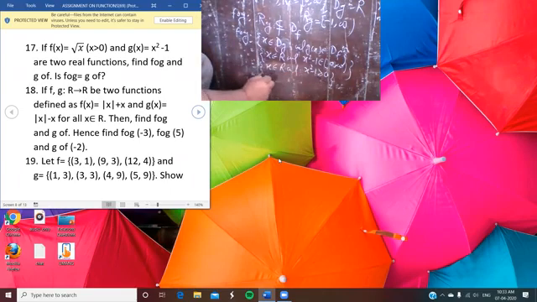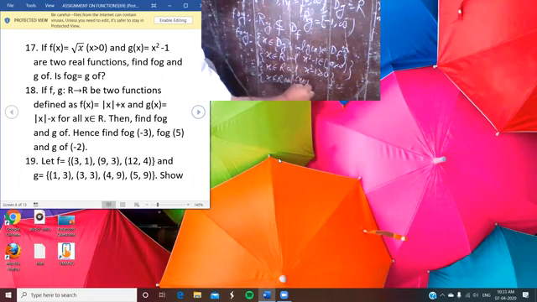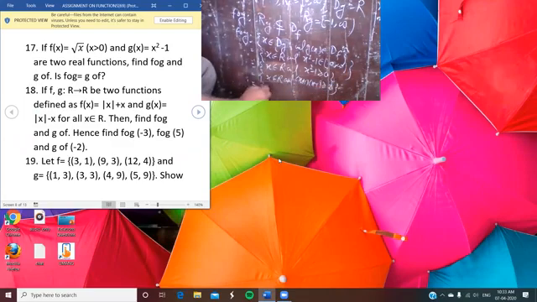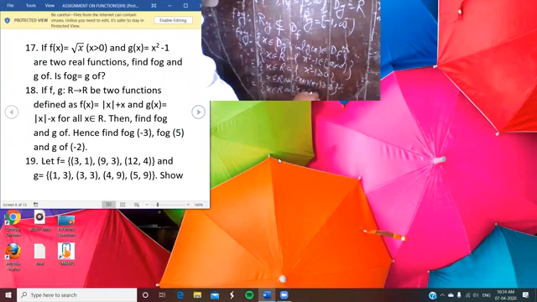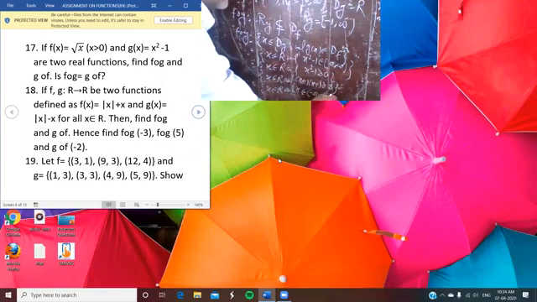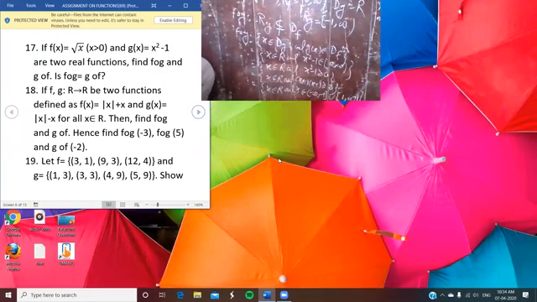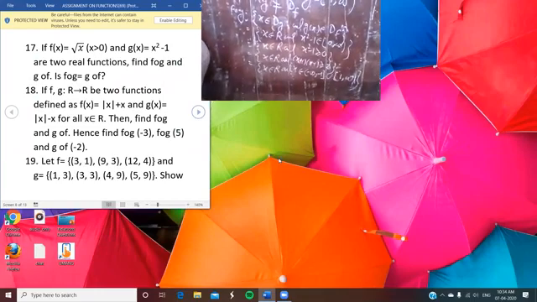So x belongs to R, and (x plus 1)(x minus 1) is greater than or equal to 0, so x belongs to minus infinity to minus 1, union 1 to infinity.